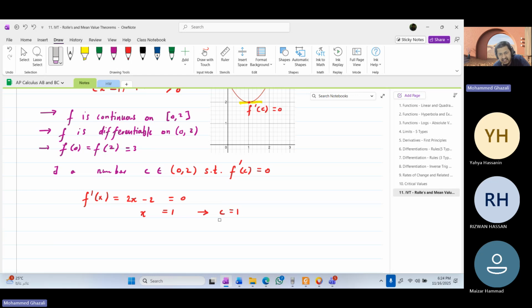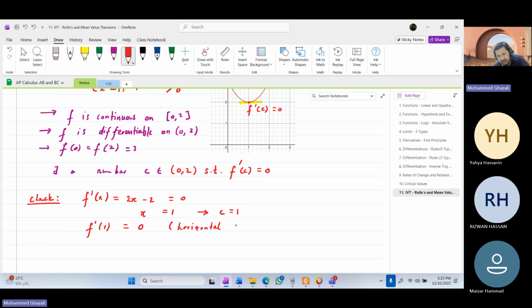Is the number c between 0 to 2? This is just a check, okay? We're checking. So c is between 0 and 2. So this condition is checked. And we're checking, is f prime c equal to 0? Is f prime 1 equal to 0? Yes. This implies a horizontal tangent.